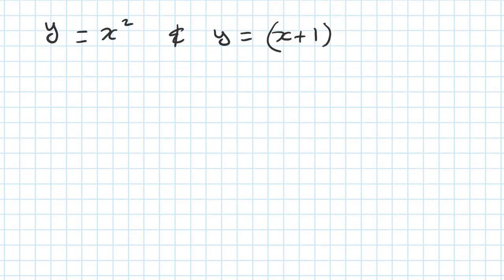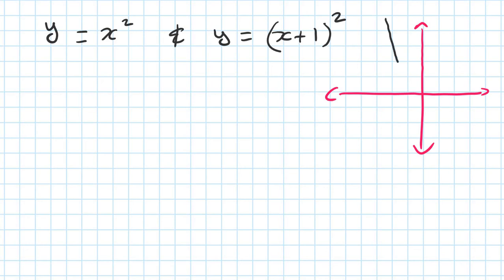Now, what we have here is y equals x squared and y equals (x plus 1) all squared. Let me do a quick sketch. You don't have to, but I want to show you so you know what it looks like.